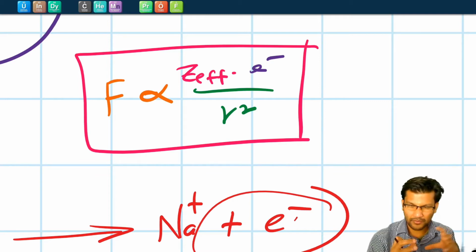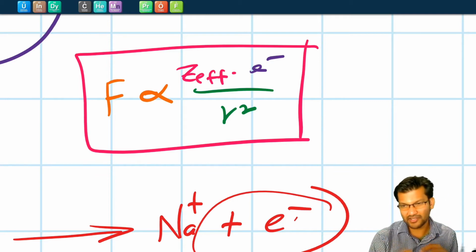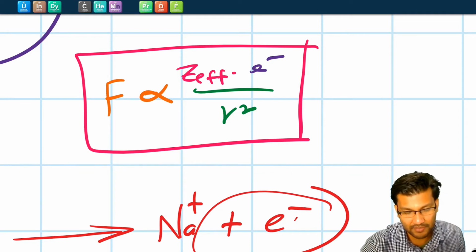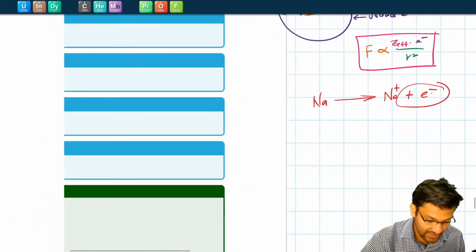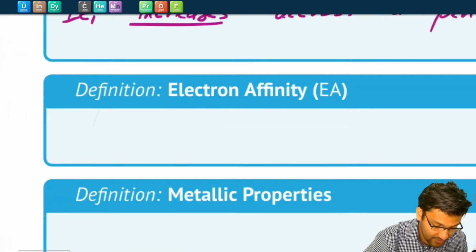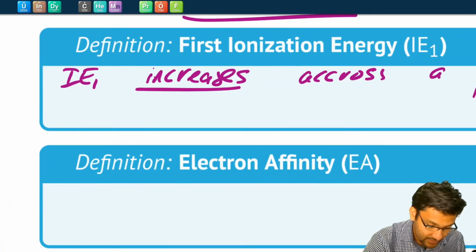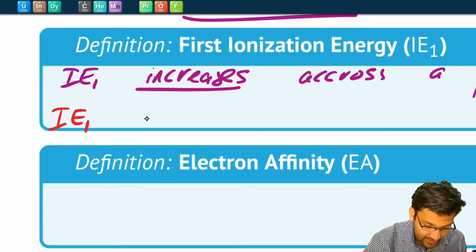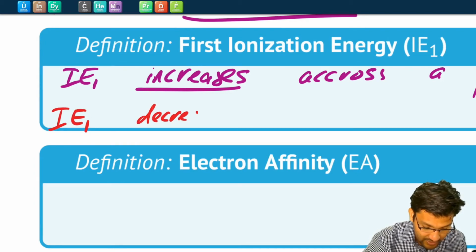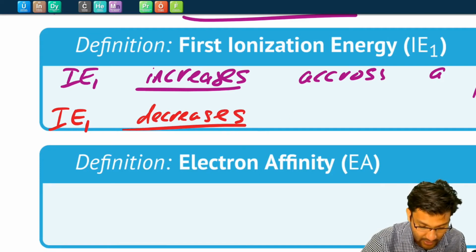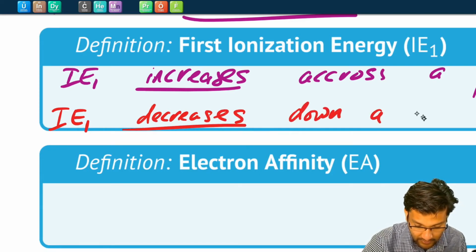The force holding the electron back is weaker, so it becomes easier to pull an electron away. And so what then happens is the first ionization energy decreases, or it becomes easier to ionize down a group.